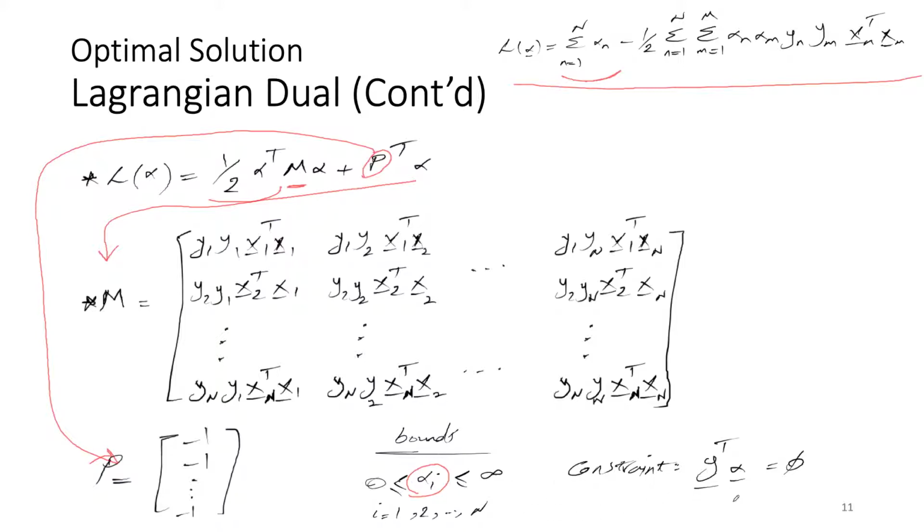And that's going to be the final constraint: y transpose alpha is equal to 0. You don't have to memorize this, just to let you know that this form can translate into the vector format. Because in order to solve this, you need a solver, and in the exam, you won't be asked such a question.